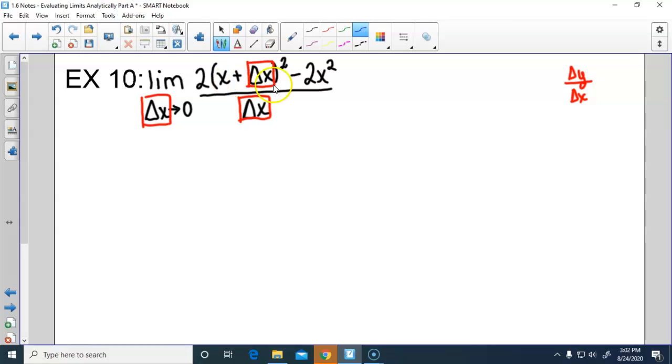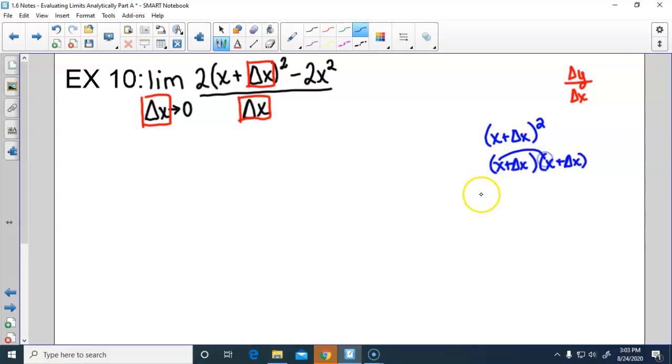So what we're going to do here is take that (x plus delta x) squared and multiply it out. Now, hopefully, you can do this in your head and say that that's x squared plus 2x delta x plus delta x squared. But if you have forgotten, this is x plus delta x times x plus delta x.